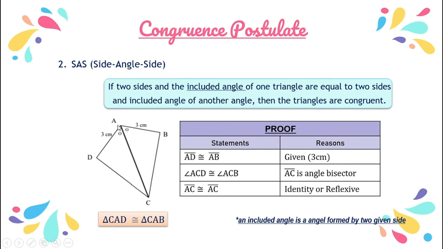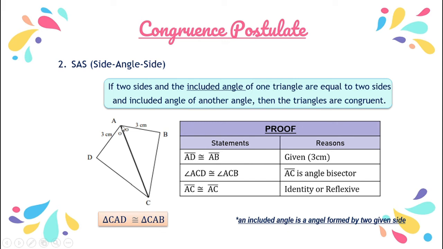You can see in the picture, triangle CAD congruent with triangle CEB. The proof, segment AD congruent with segment AB. Given, the size is 3 centimeters. And the angle ACD congruent with the angle ACB. Why? Segment AC is angle bisector.